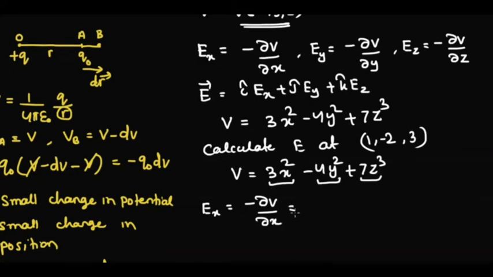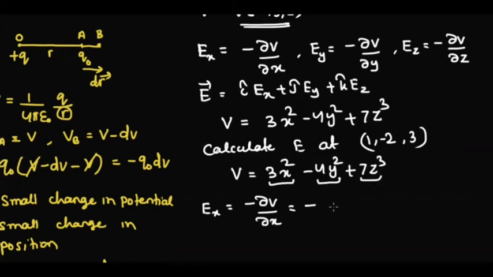Is that clear? When you are doing the partial differentiation with respect to the x coordinate, it means you have to assume that the y coordinate and z coordinate are constant. Assume that the y coordinate is not changing, the z coordinate is not changing, only the variable is x. So when you differentiate with respect to x, don't look at the y term and the z term.